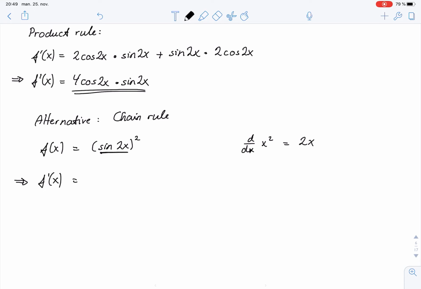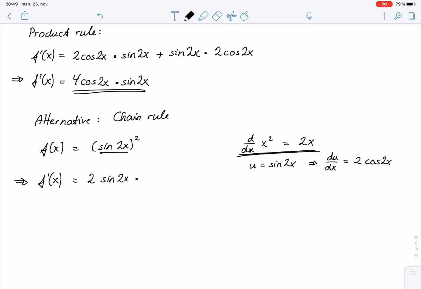We kind of make a u equal to sine 2x. And the du/dx would then, as above, be 2 cosine 2x. So here we simply get 2 sine 2x, since we're using the chain rule.